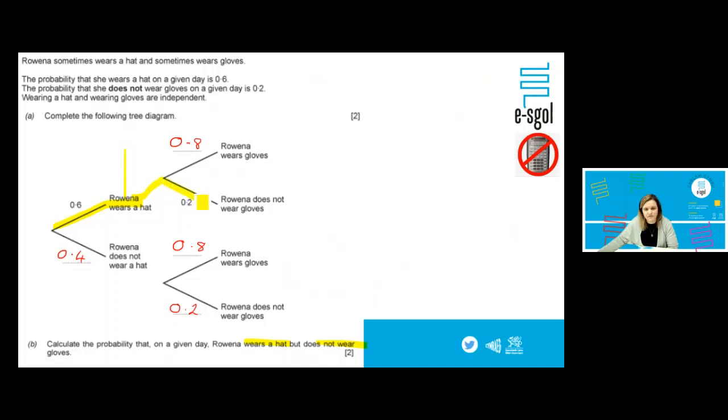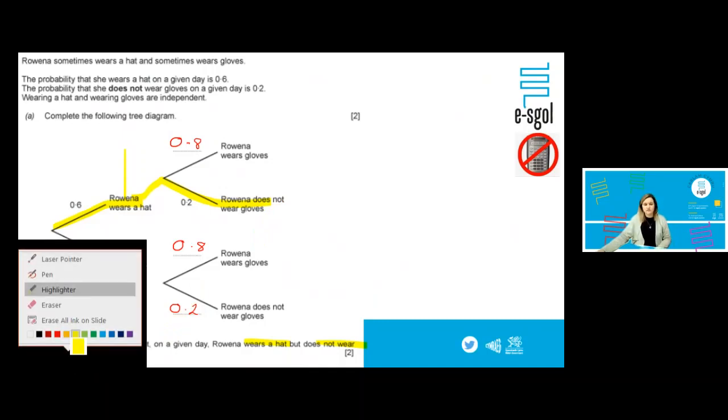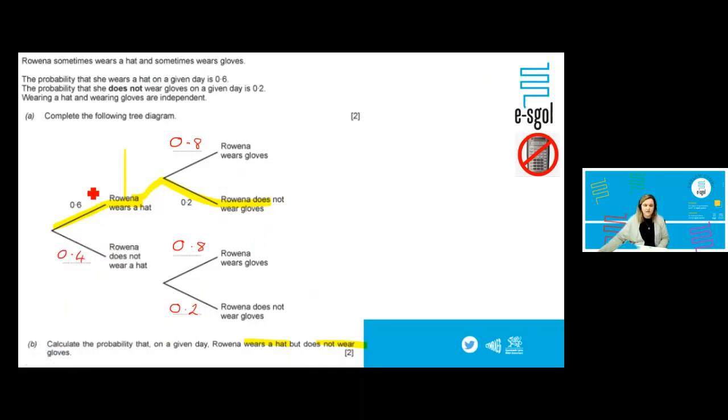Does not wear gloves is now going down on that section, but following our original path. So the values that you had on there were 0.6 for wears a hat and 0.2 for not wearing gloves. And you needed to multiply those together, which you should be a little bit more confident with, your multiplying decimals now. 0.12 as your answer for that question, and that's your second mark there.